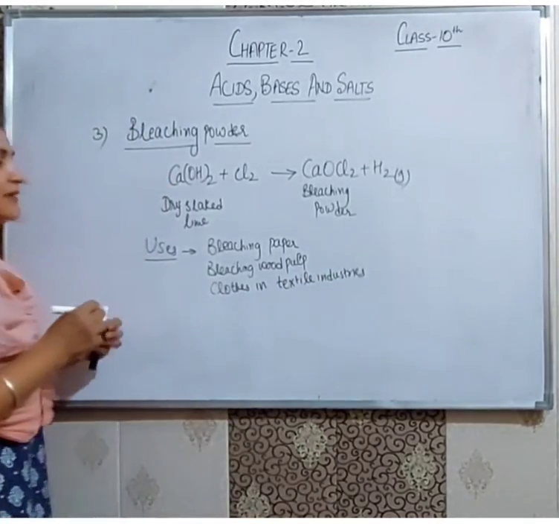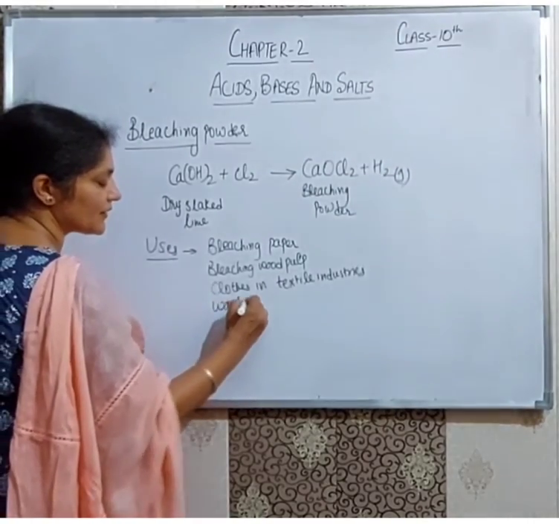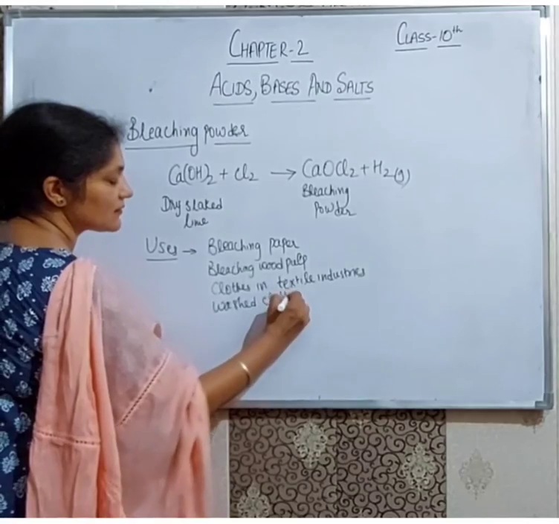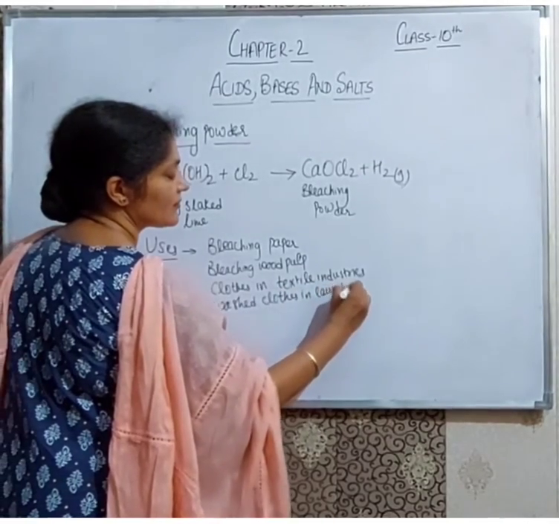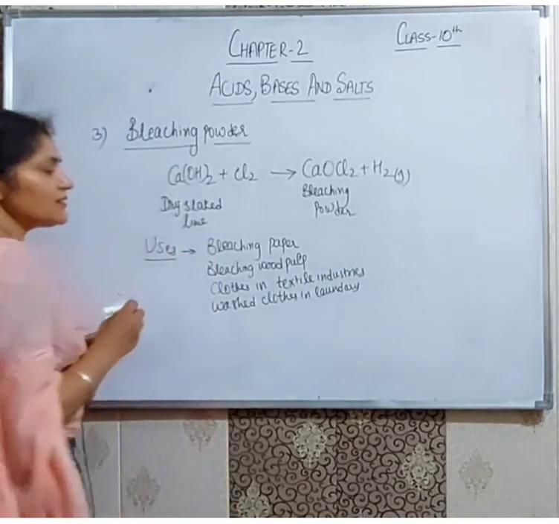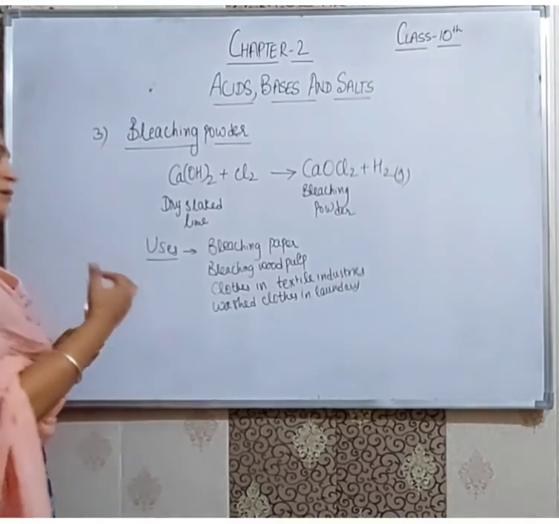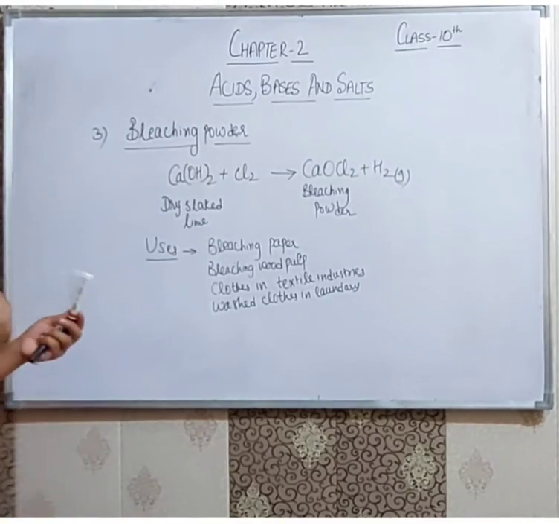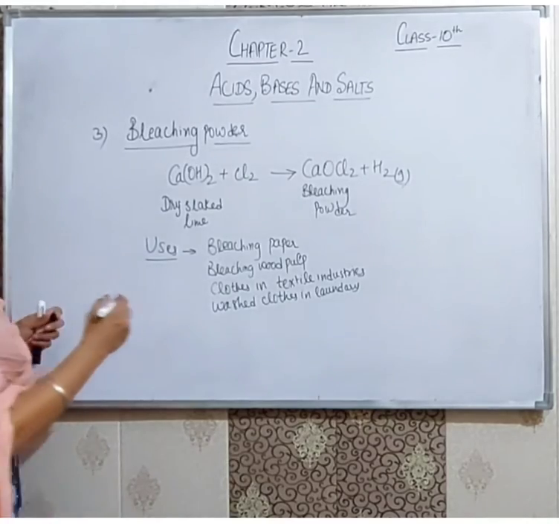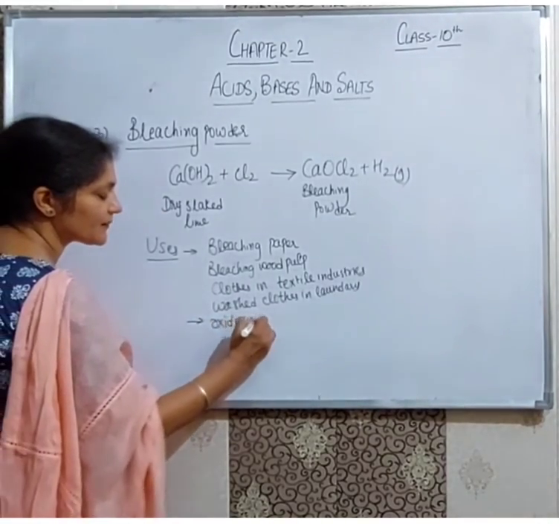It is also used for bleaching washed clothes in laundry. It is used for bleaching cotton and rayon clothes in the textile industry, and for washing clothes in laundry. It is also used as an oxidizing agent.